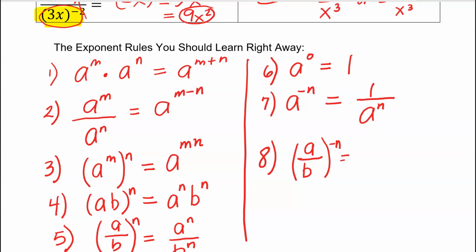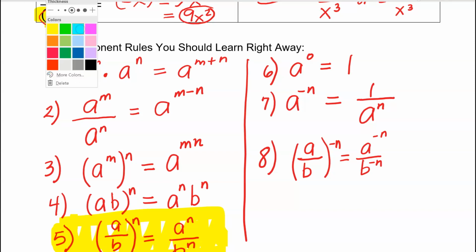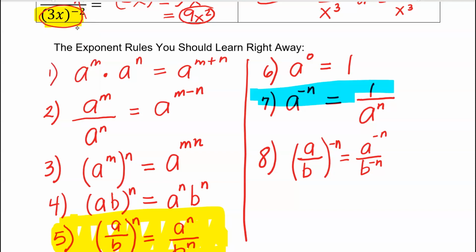So first, what I would do is I would use the rule from number 5 here. First, I would write a to the negative nth over b to the negative nth. But here, the issue is that we must follow this rule from 7, right?